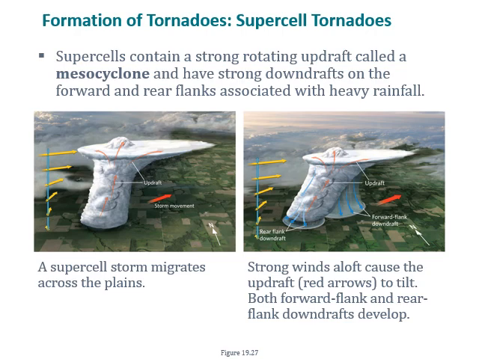Picture on the left, we have the anatomy of a supercell with updrafts and the storm movement to the right. On the right, we have strong winds that cause the updraft, red arrows, to tilt. Both forward flank and rearward flank downdrafts develop as a result of this.